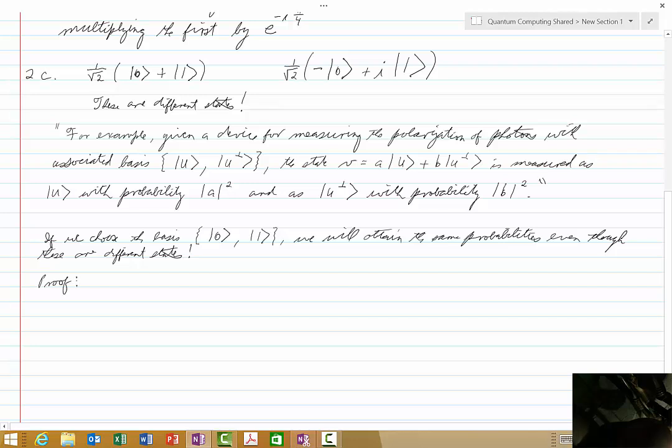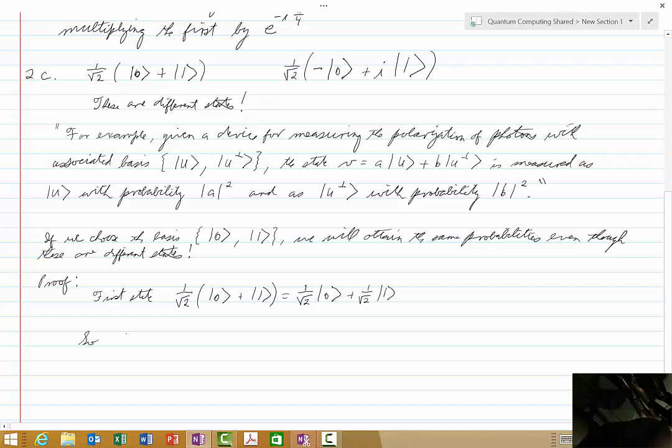Well, let's look at the first state. 1 over square root of 2, 0 plus 1. If we want to express that in terms of the 0 ket and the 1 ket, that's obviously easy to do. It's 1 over square root of 2 times the 0 ket plus 1 over square root of 2 times the 1 ket.